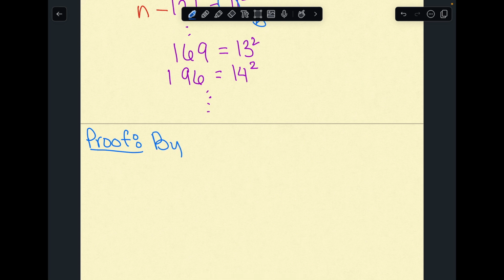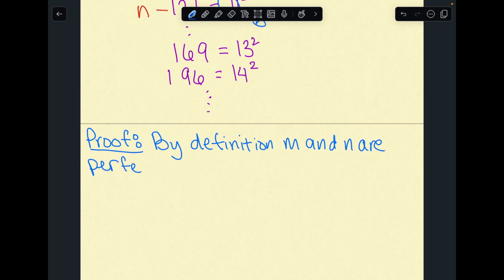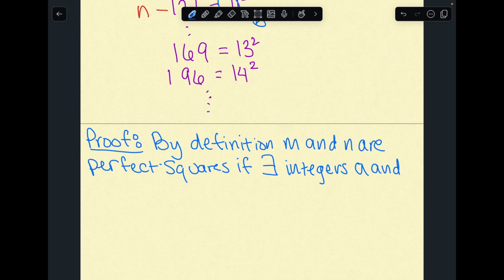So by definition, m and n are perfect squares if there exist integers, we call them A and B, such that, and then we're just going to rewrite what we wrote before, m is equal to A squared and n is equal to B squared.